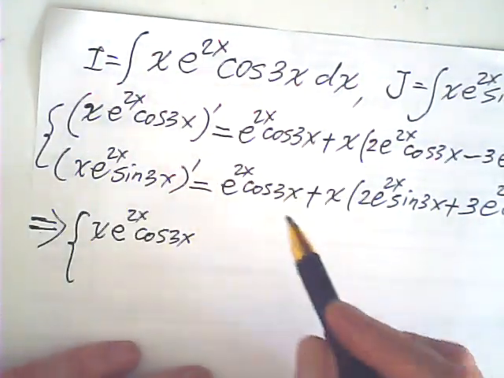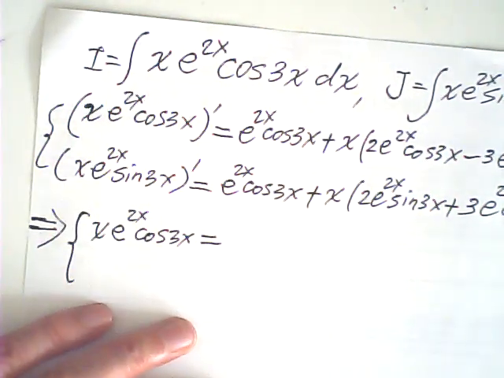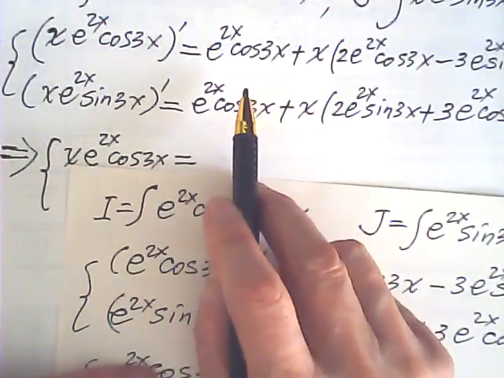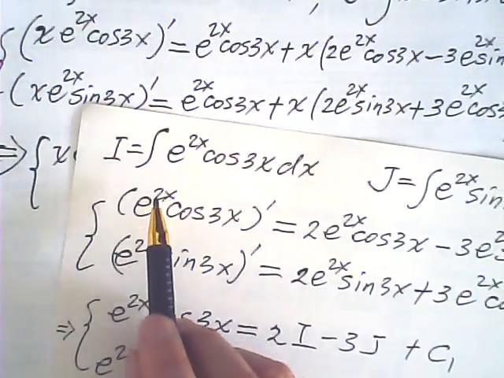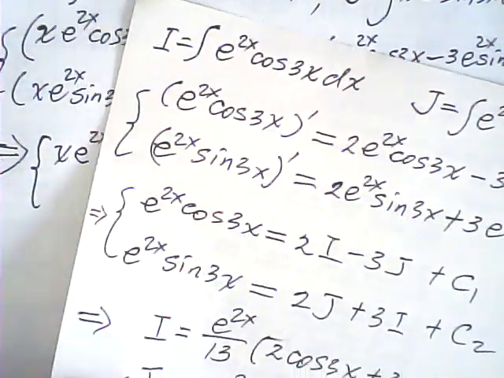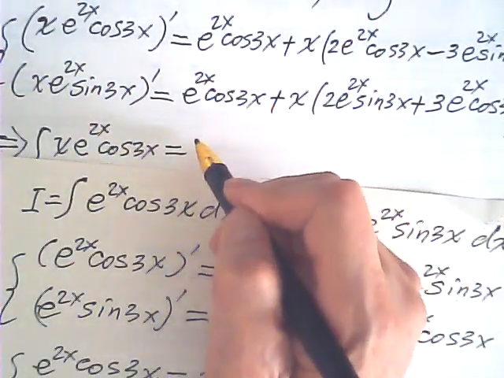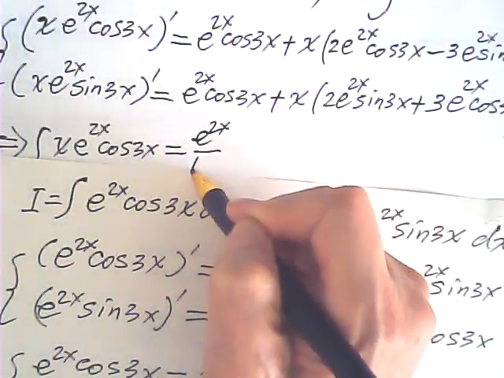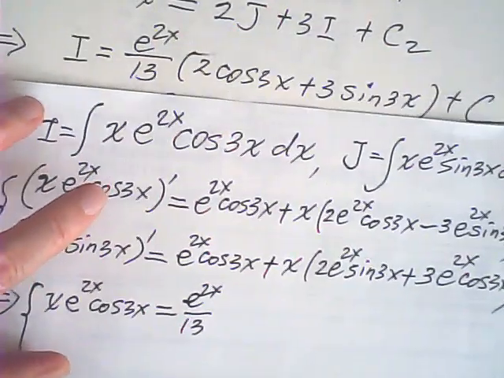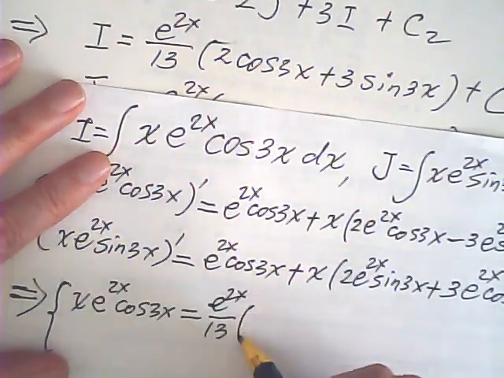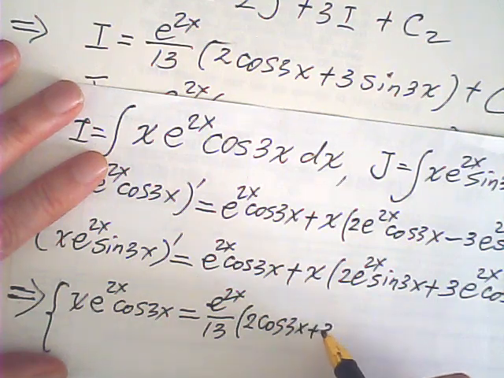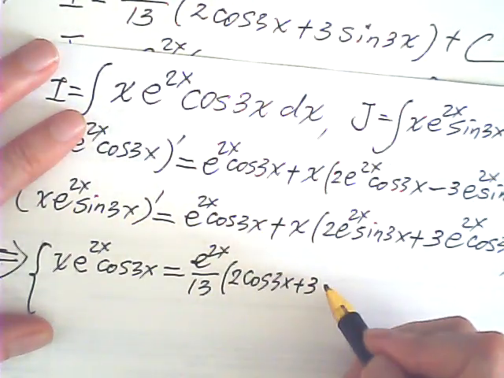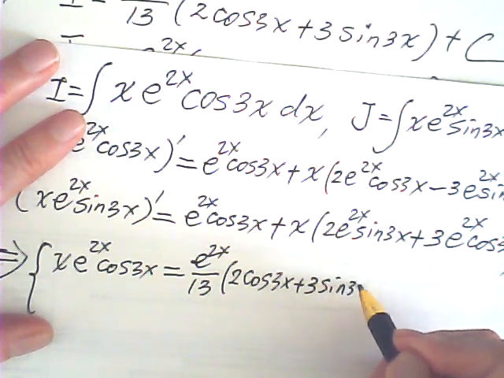This side, this antiderivative I just did, which is I: e to the 2x over 13 times (2 cosine 3x plus 3 sine 3x).